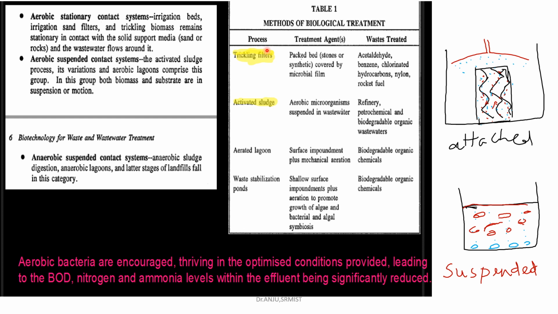Both the attached process and the suspended process are aerobic processes which encourage growth of aerobic bacteria, and these aerobic bacteria which grow in the treated water act upon the organic material present in it. Finally, what is expected is a reduced level of BOD, nitrogen and ammonia in the effluent.